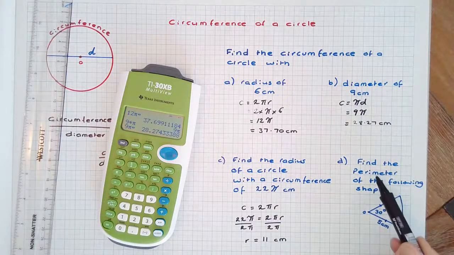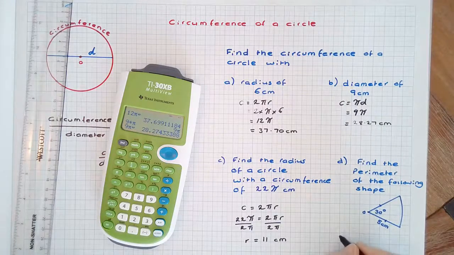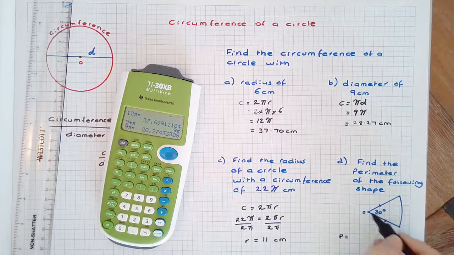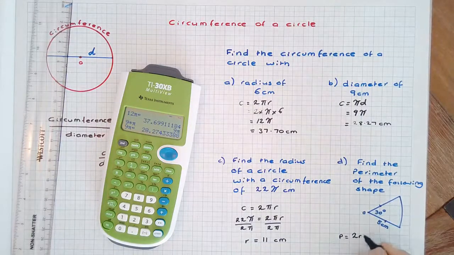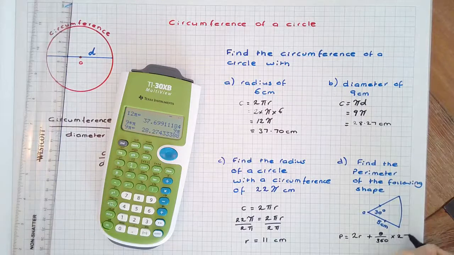Lastly, if we're asked to find the perimeter of a shape that involves part of a circumference, the perimeter, so this is a sector, will be twice the radius plus the fraction of the circumference that we have, which can be given as theta, the angle divided by 360 times 2 pi r.